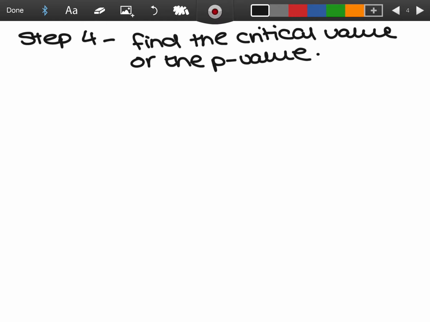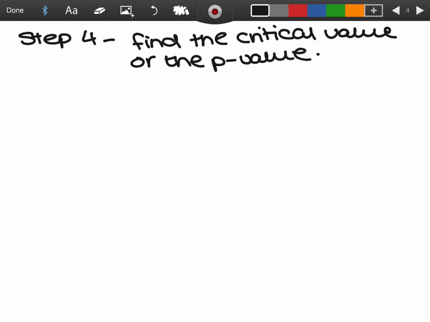So what you can do is you pick off your significance level and you pick off the number of degrees of freedom. So whatever your significance level alpha is should come up at the top, in the top row. And then it will ask you for the degrees of freedom, which is the number of outcomes minus 1. You match those two up, your significance level with your degrees of freedom, and you go across the table to find the value that is there. That is your critical value.